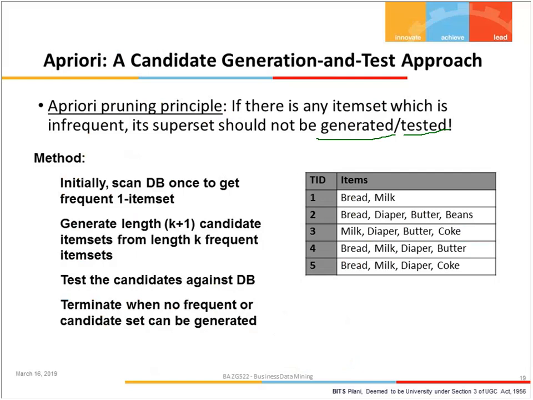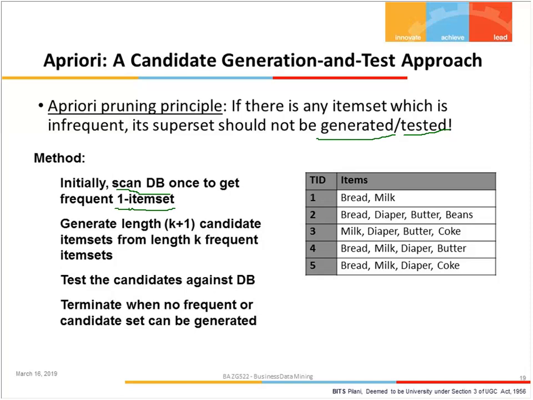The way it starts is that you first scan the database and find all the items which are frequent. Using our nomenclature of k item sets, to start with, we find all one item sets, and find out which are frequent.